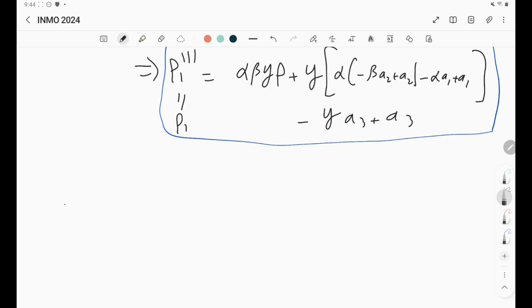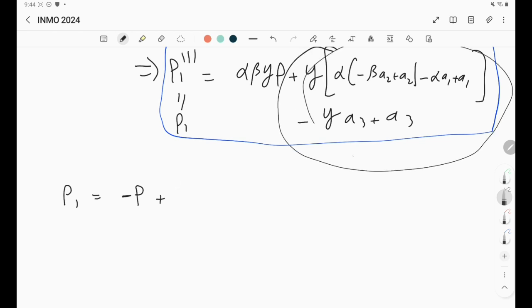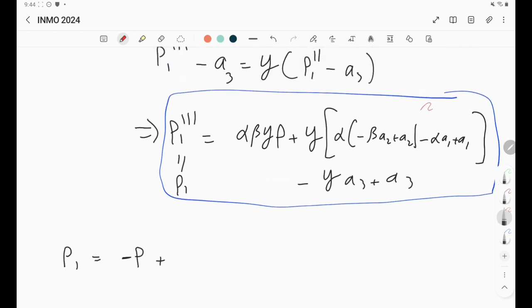P1 is, let's write it again in an organized way. P1 is going to be, we're going to take the point P and we're going to multiply it by alpha, beta, gamma. Remember, this thing is just -1. So it's -P plus that thing here. If you look closely here, this thing actually doesn't depend on p. The only thing that depends on p is this thing here.